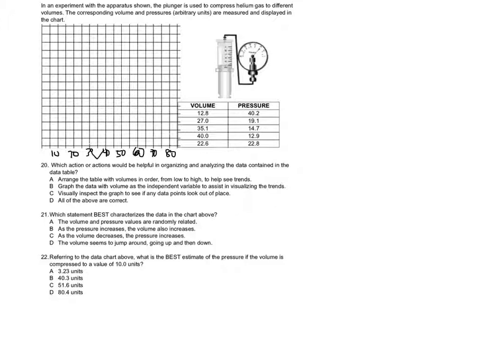And then our pressure, we're going from 12.9 all the way up to 40.2. I think we've got the same number of squares going up here, even less, we got 15. So we're going to definitely need to go by 10s here for this one as well.